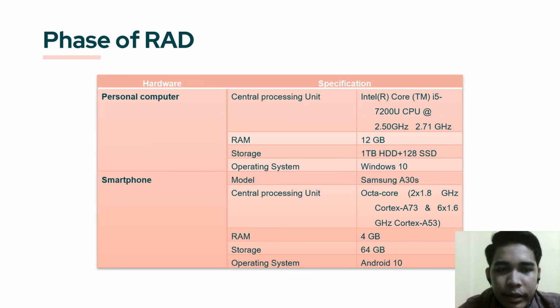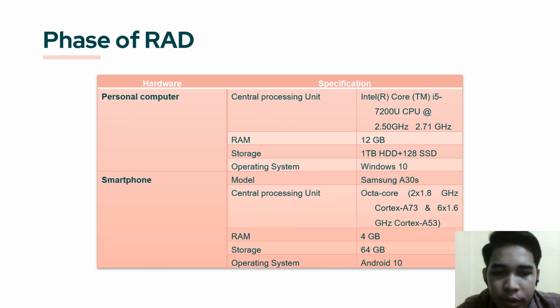Then the hardware is a personal computer and a smartphone. The CPU is an Intel Core i5, RAM 12 GB, storage 1 TB HDD with 128 GB SSD, and the operating system is Windows 8, which I think is suitable for me to successfully build this application.